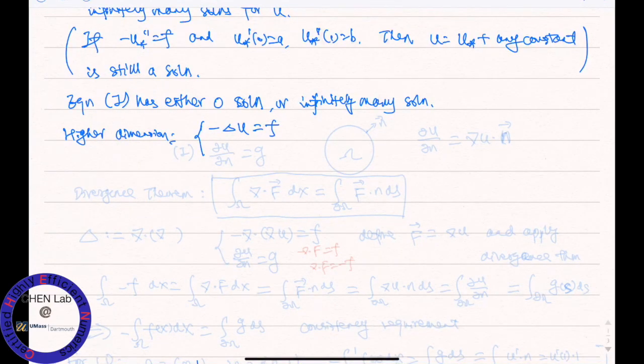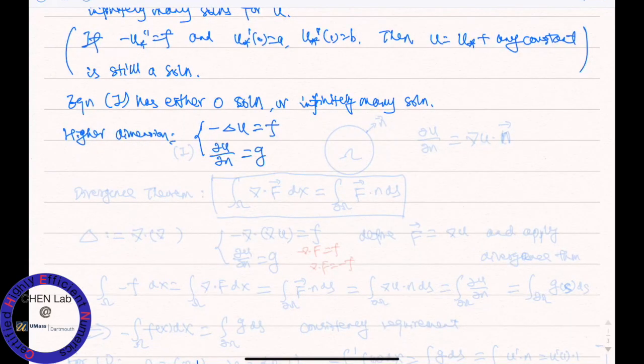And the Neumann condition, the 1D version is u prime at 0 is a, u prime at 1 is b. In 2D or 3D, here is du/dn, the normal derivative, equal to g.